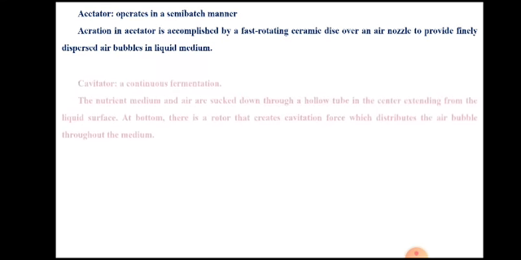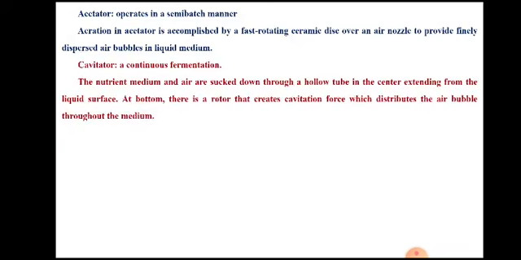Acetator operates in a semi-batch-wise manner. Aeration in the acetator is accomplished by a fast rotating ceramic disc over an air nozzle to provide finely dispersed air bubbles in the liquid medium. And the feature of the cavitator is that it is a continuous fermentation process.